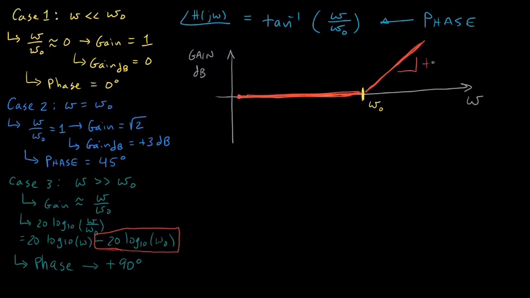So this is plus 20 dB per decade. Now, it doesn't precisely do that, because if you recall, the gain in decibels at the break frequency was actually plus 3 decibels.